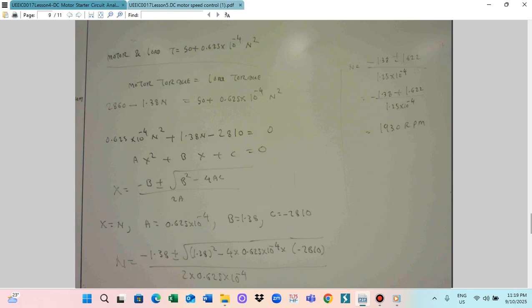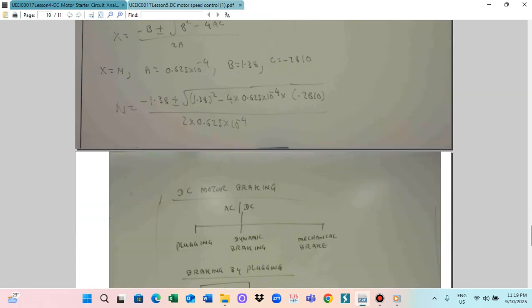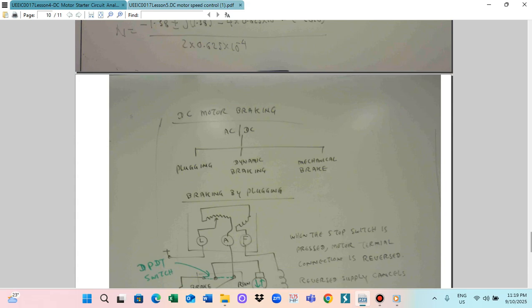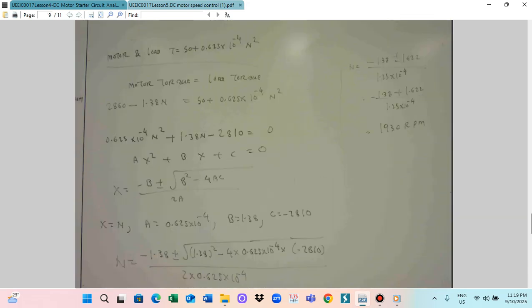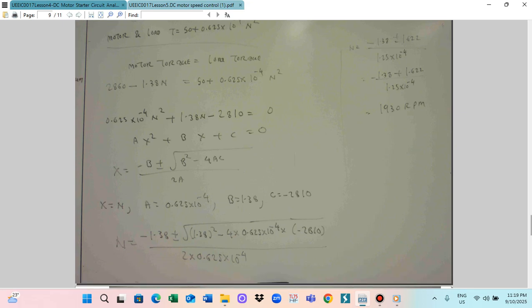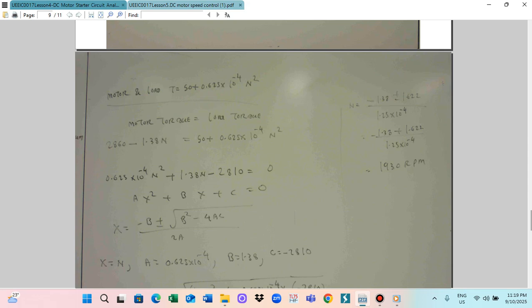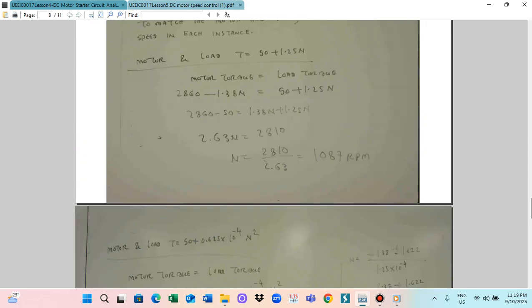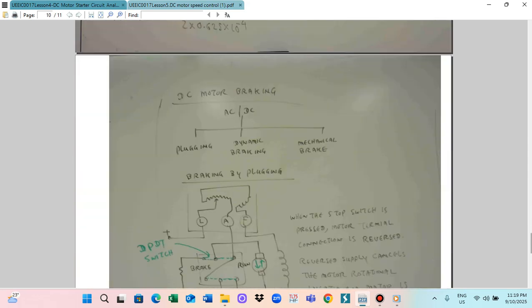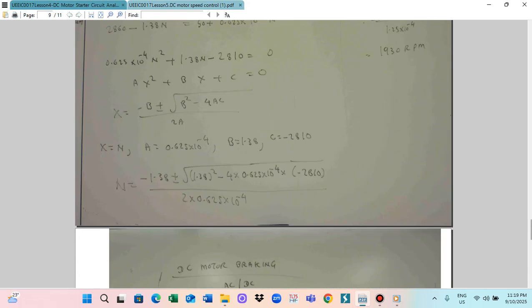By adjusting the field excitation current, you can adjust the flux, and then according to this equation, we can adjust the speed. This is the way that we control the DC motor speed: by adjusting the field current, DC motor speed can be controlled.